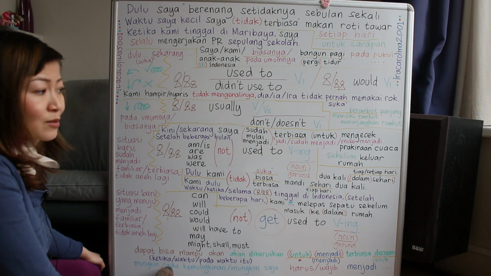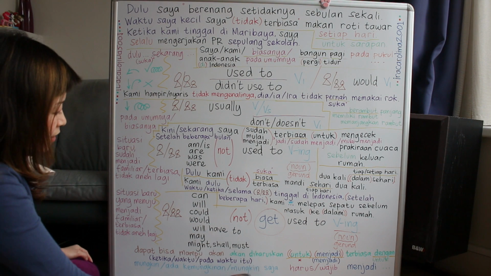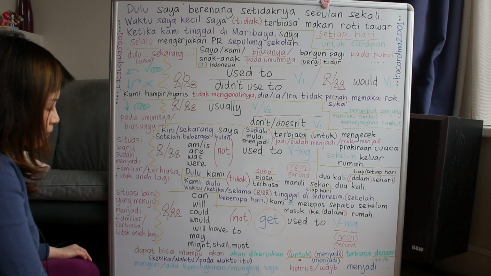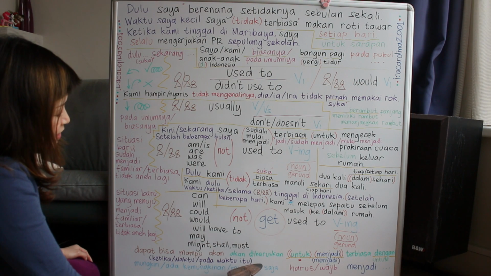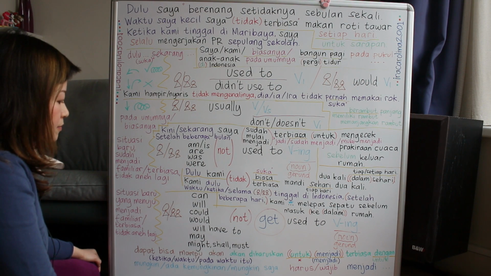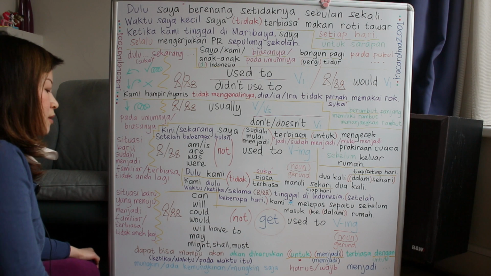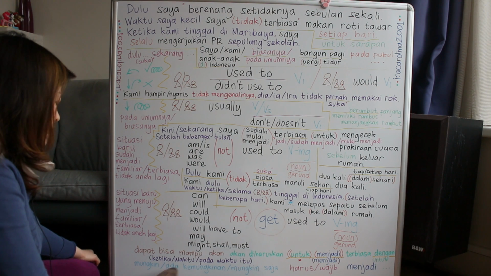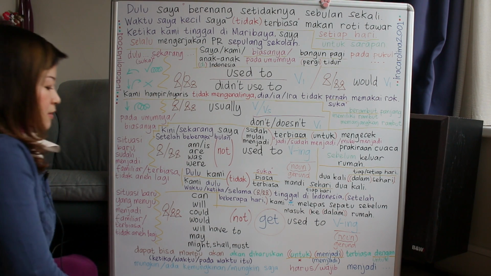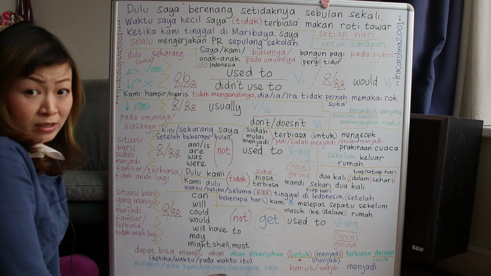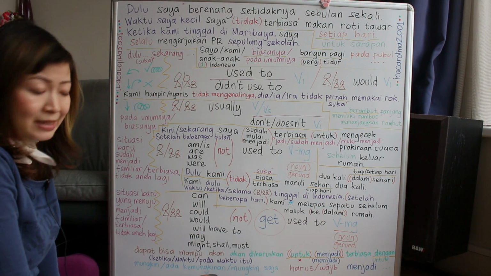There is possibility or there are possibilities. Or we can say mungkin saja, mungkin, maybe. Saja is only. When we say mungkin saja, it's the same translation as ada kemungkinan. There's possibility. Even though this is maybe and this is only. Mungkin saja. But the meaning is the same as this. There is possibility.